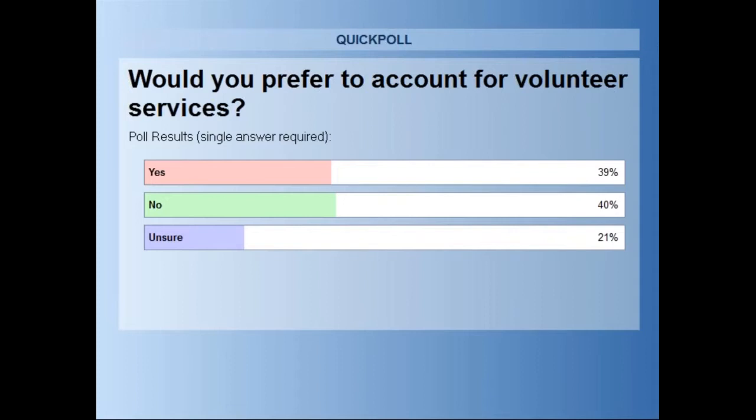Very interesting. Most people have voted, so let's look at the results. 39% of you said that you would be happy to include and disclose volunteer services in your financial statements. 40% no, so it's really very even between the yes and the no. And 21% think, listen, we have to think about this a bit more, the time, the effort, maybe do a cost-benefit analysis before we decide.